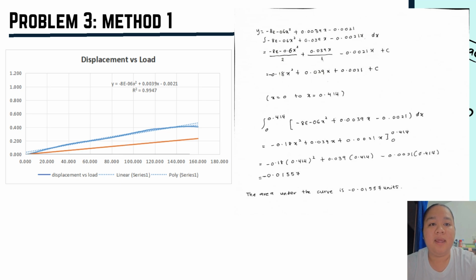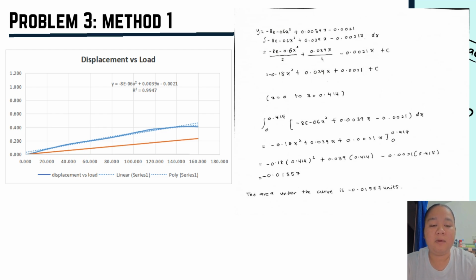So we will write x equals 0 to x equals 0.414. So this method is for manual calculation.